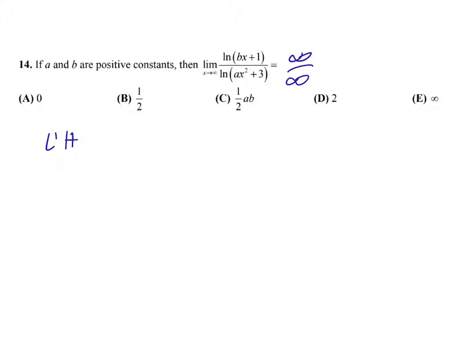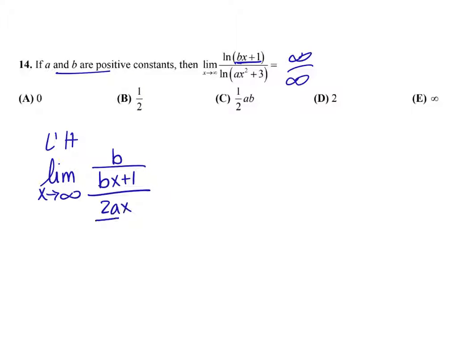We do have our ratio, and a and b are positive constants, so that's good. So we have our limit as x approaches infinity. The derivative of all this is going to be b over bx plus 1, over 2ax over ax squared plus 3.